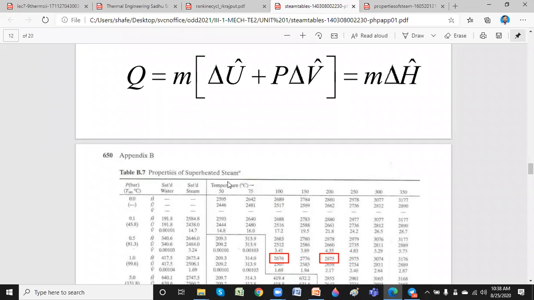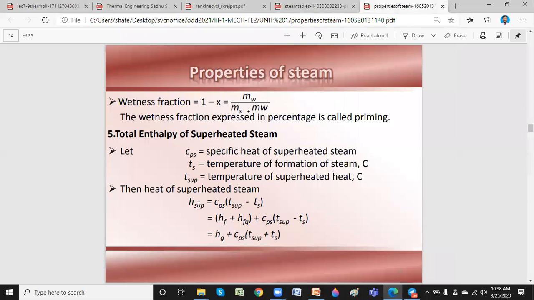Here you can see superheated temperatures of 50, 75, 100, 150, 200, 250, 300, 350. All these are superheated temperatures. I can find the values if I know the pressure. I hope you understood how I can take it. Or if you are confused with the superheated steam table, then simply go for the formula I mentioned, given the specific heat of superheated steam. I hope you understood.